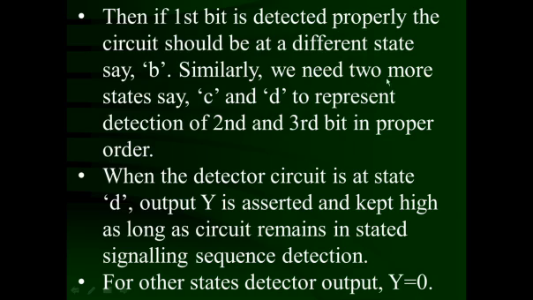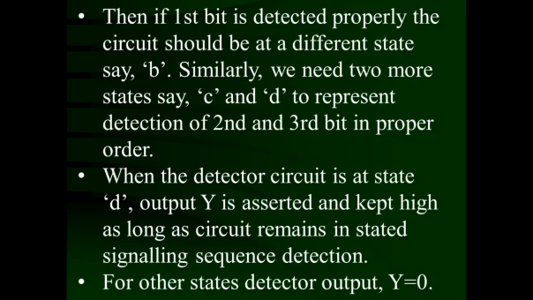Similarly, we need two more states, say C and D, to represent detection of the second and third bit in proper order. So after B, if it has also received another 1, that means in the sequence the LSB is going to be 1, then towards the MSB it is receiving another 1, that means 1 1. Two bits are going to be detected.